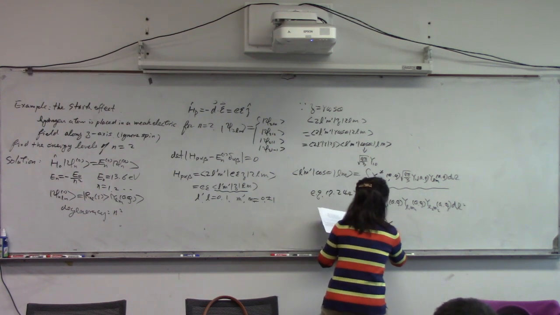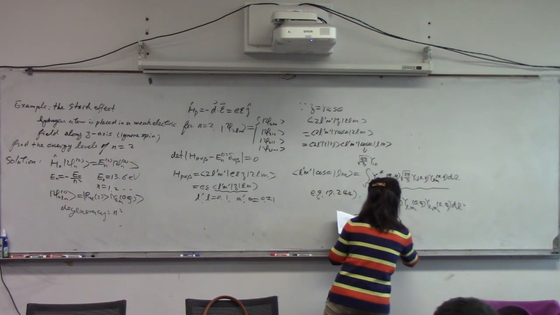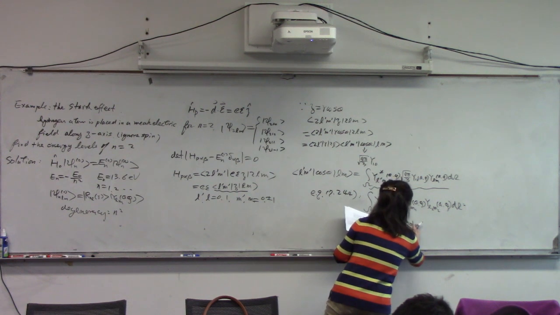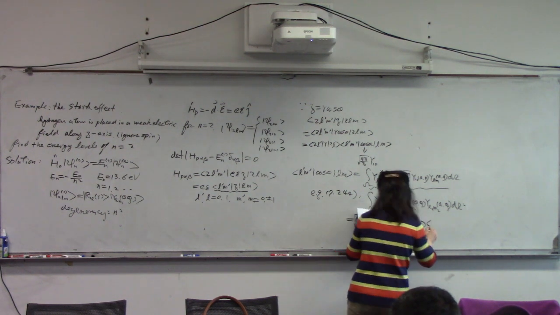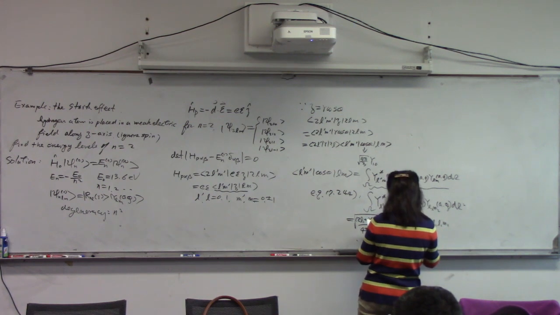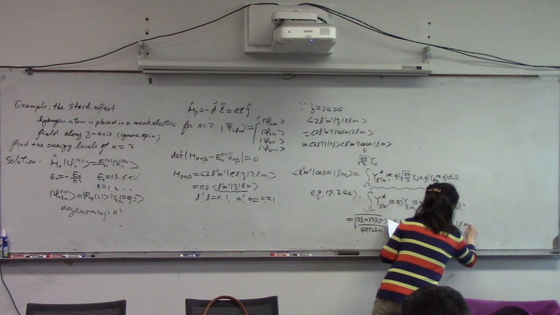And now this is the CG coefficient, L1, L2, 0, 0, 0, L0, and another with M1, M2, M.